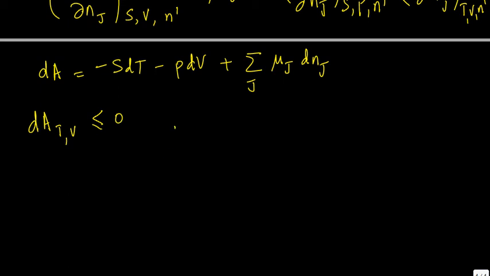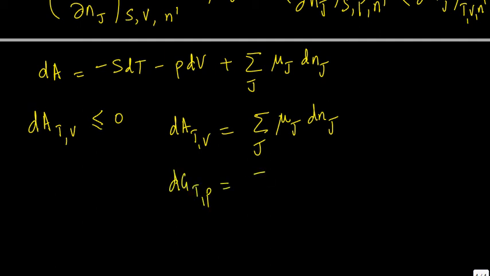And dA at constant temperature and volume is nothing but dG at constant temperature and pressure. This is what we had.